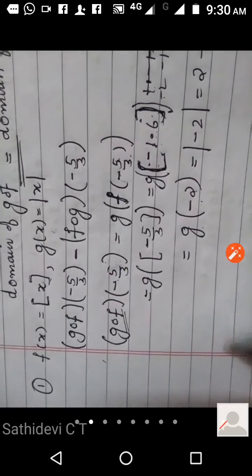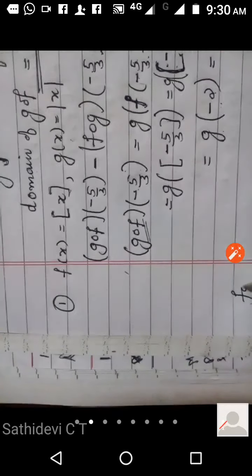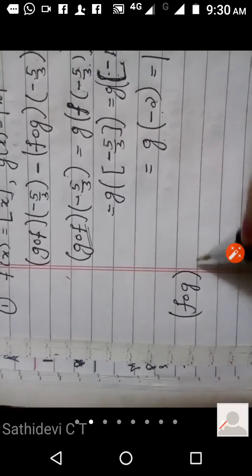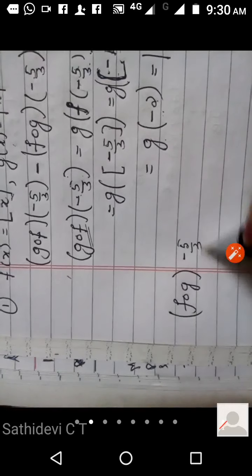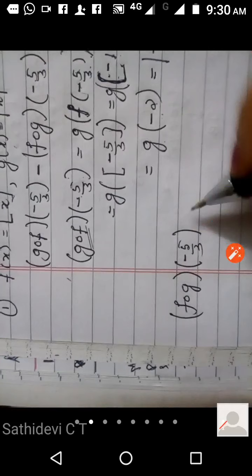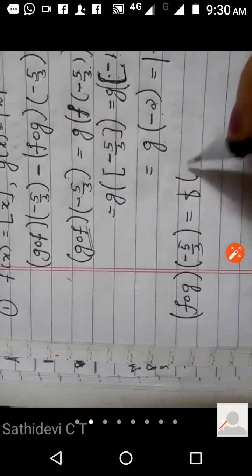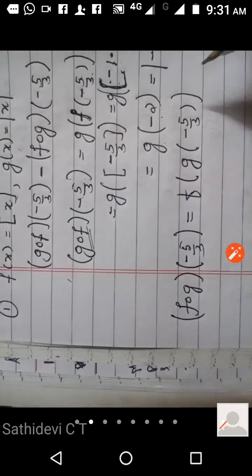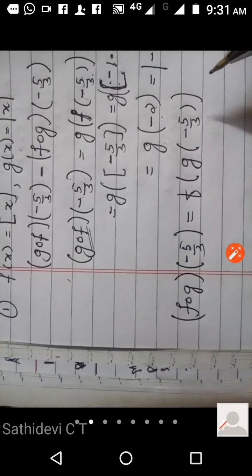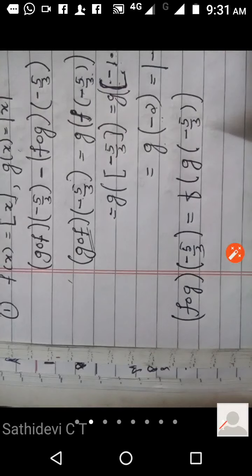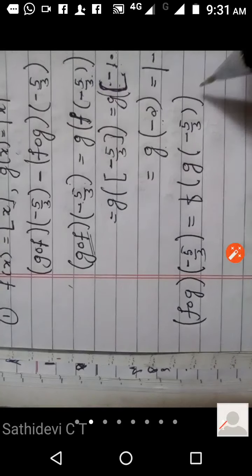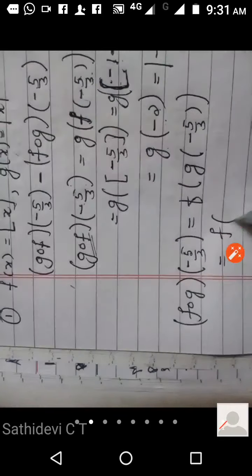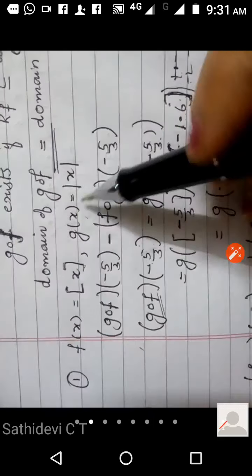Second part. F composite G operated on minus 5 by 3. As usual, F of G of minus 5 by 3. Now, G of x means mod x.